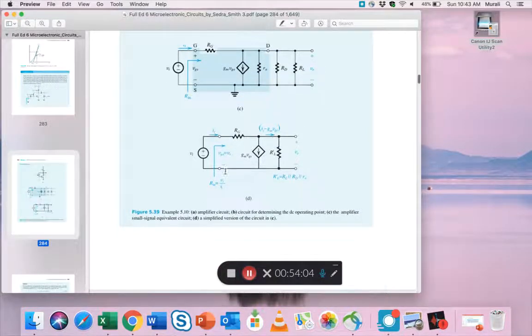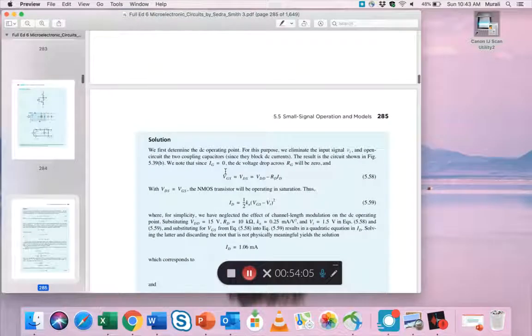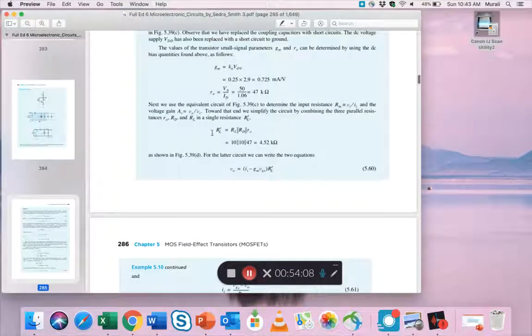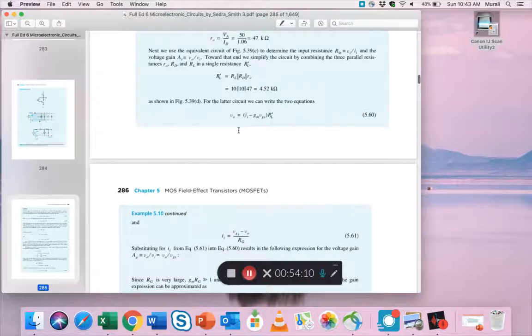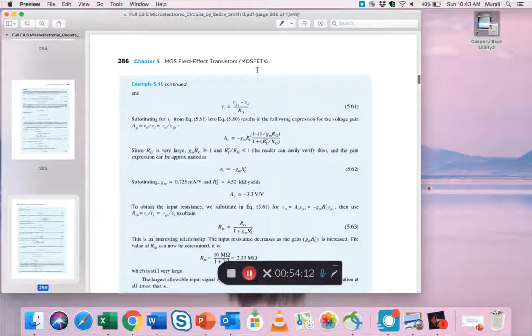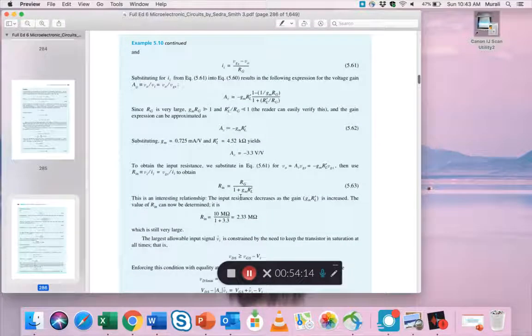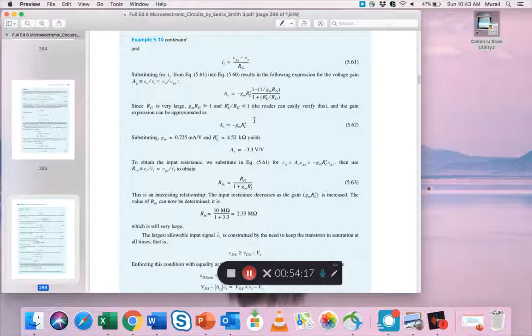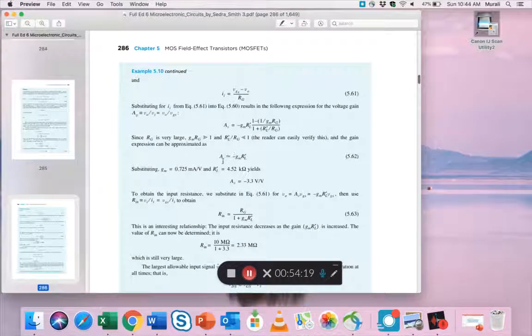Okay. So to solve all that, he goes through a few steps. So this we talked about. He actually does a derivation to come up with a simplified value for the voltage gain. Okay. Finally, it turns out after all this manipulation that the voltage gain is a simple minus GM RL prime, right?